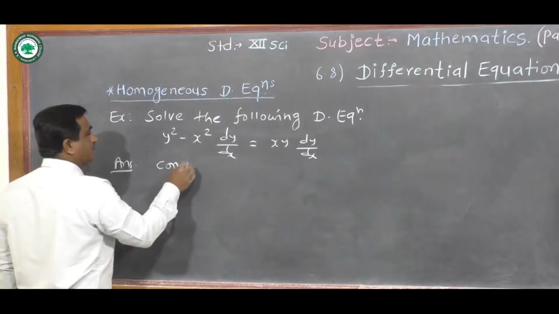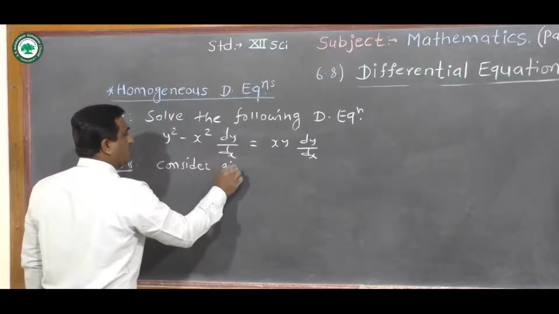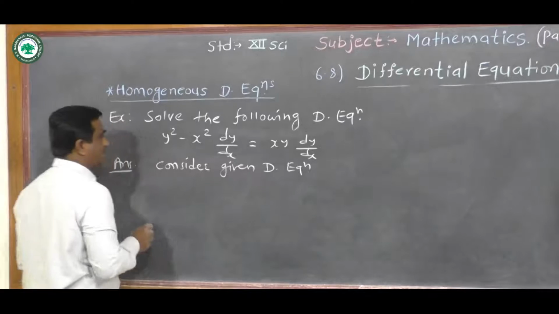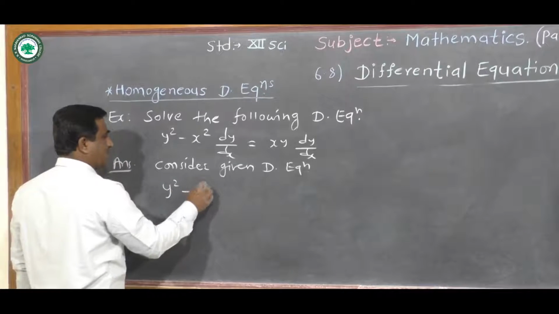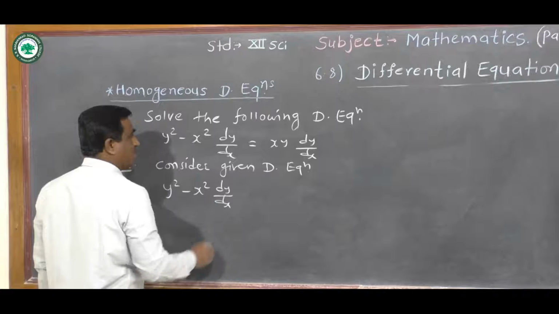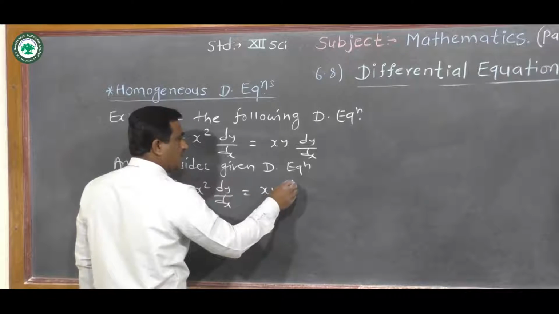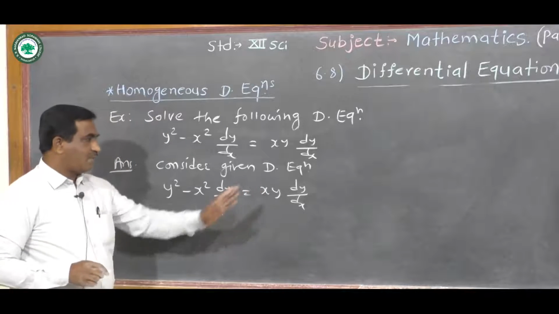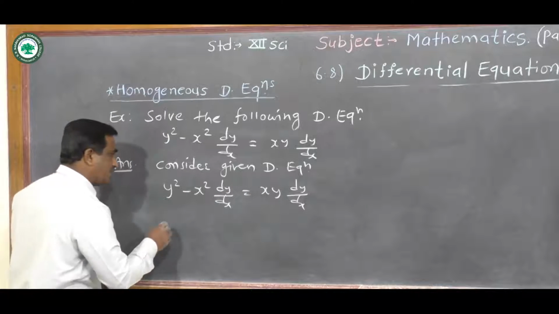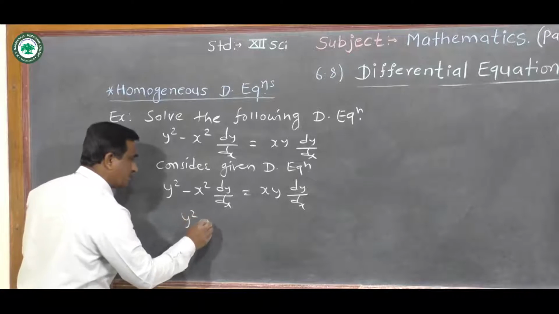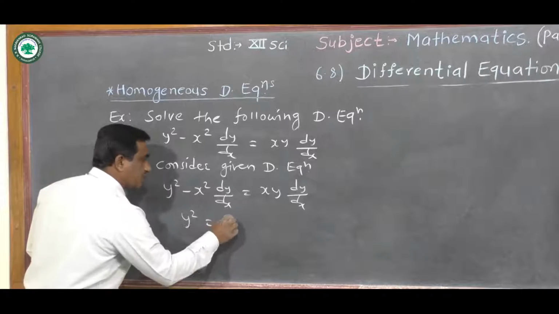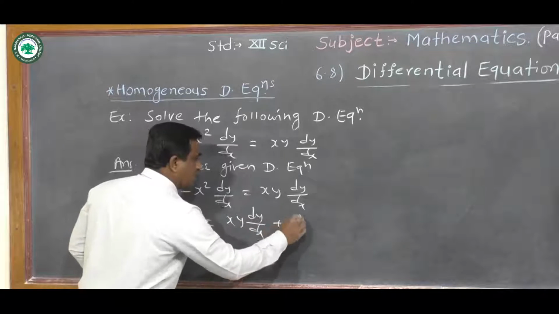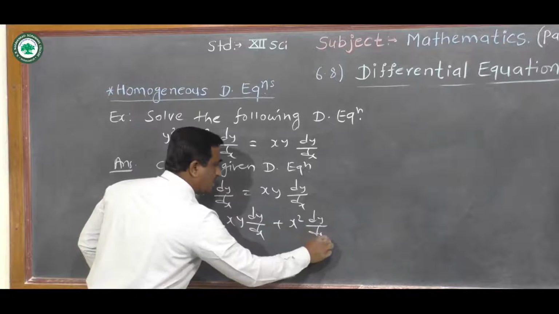Consider the given differential equation, that is a homogeneous differential equation, y square minus x square dy by dx is equal to x into y dy by dx. Now take terms of dy by dx together, then we can write here y square equal to x into y dy by dx plus x square into dy by dx.